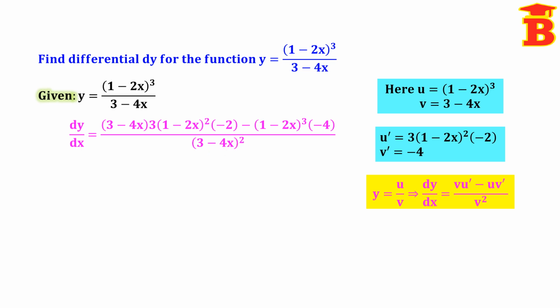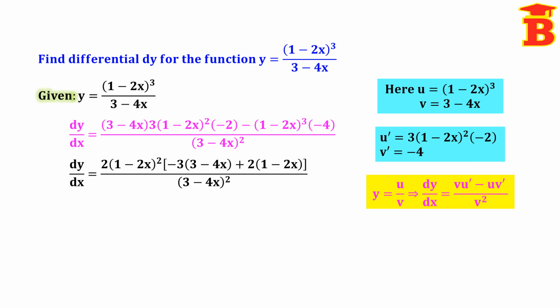And now just to simplify, we can get the answer. Finally we have to cross multiply dx. So now dy by dx equal to, we can take 2 common and also see the bracket 1 minus 2x whole square. Next term we have 1 minus 2x whole cube.